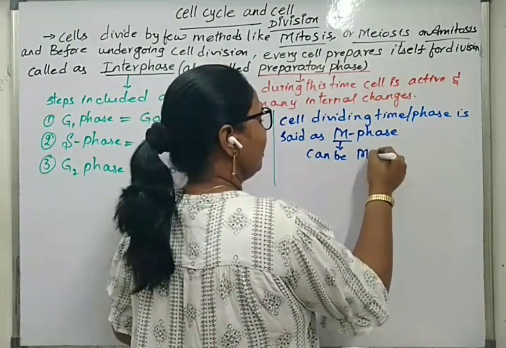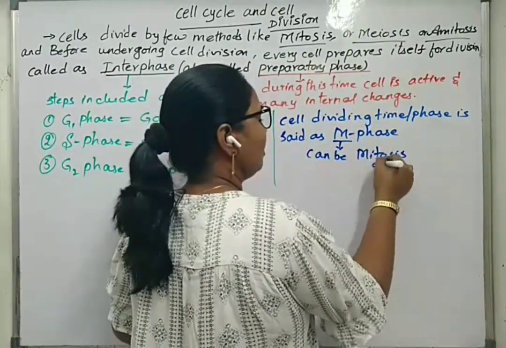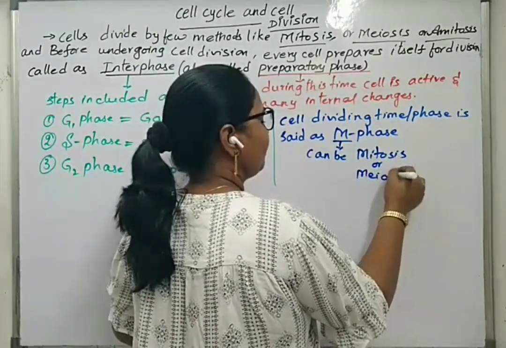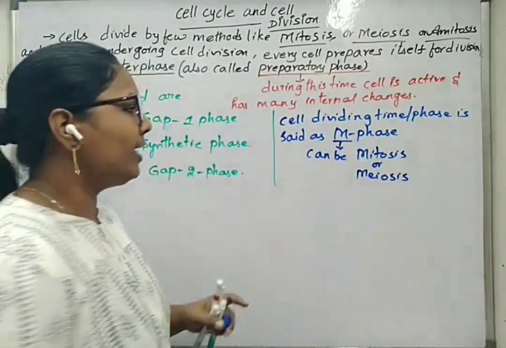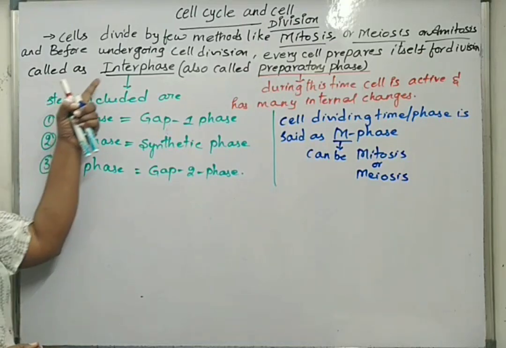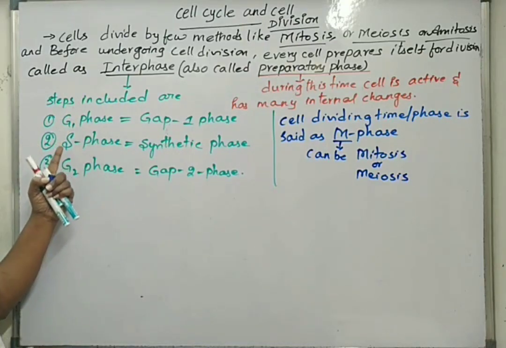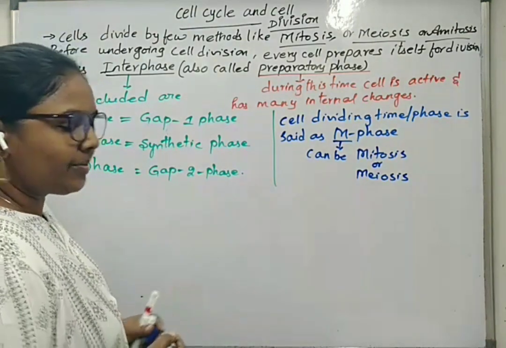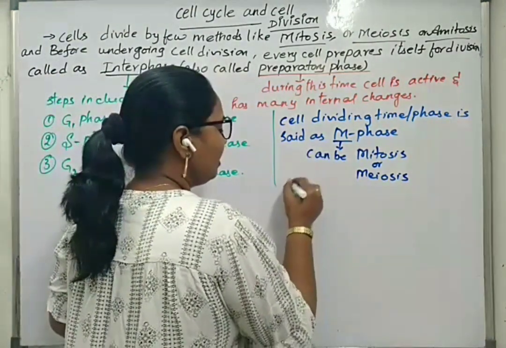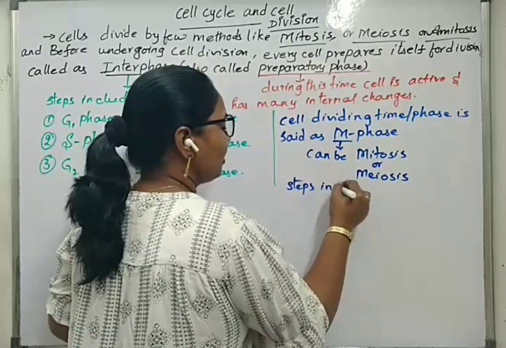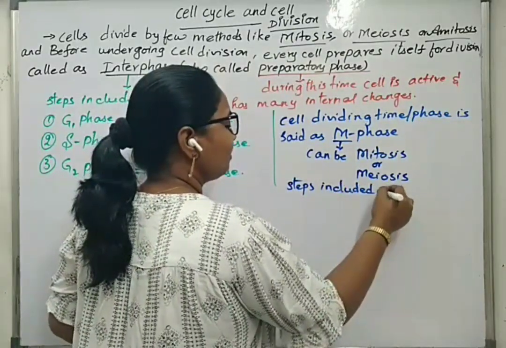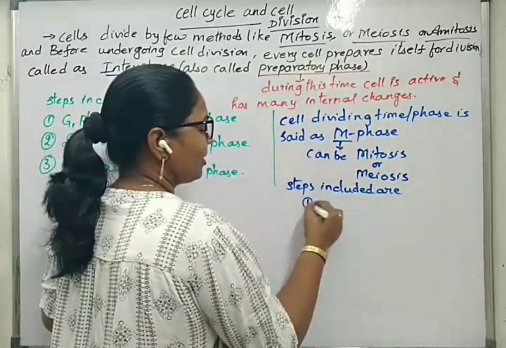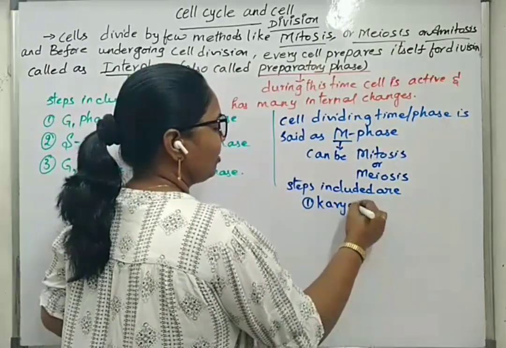So during M phase, here we have written the steps included in interphase are G1, S and G2. In the same way, in M phase, what are the steps that are included? Here, the steps included are: first one, karyokinesis.